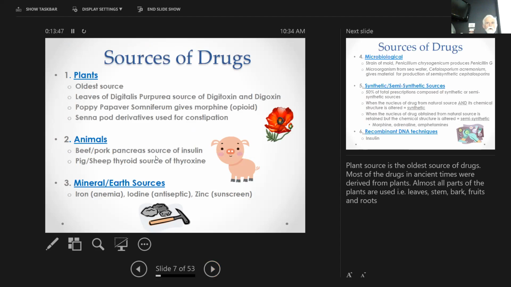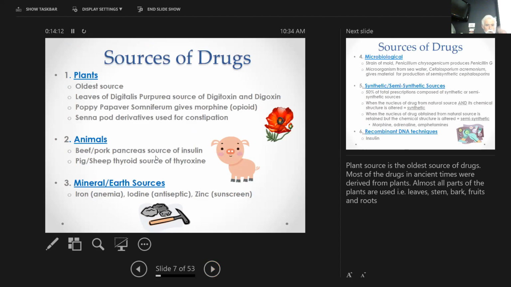These are people whose job it was to treat injuries and disease. And plants and minerals are some of the oldest that we have. We'll get to the animal part in a minute, but we use these drugs.